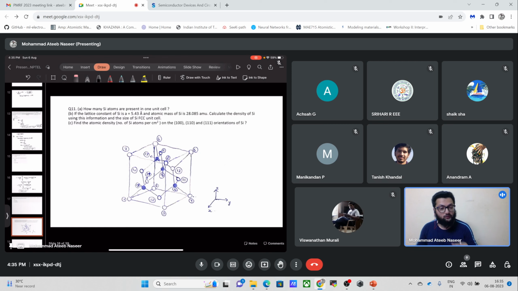And since we have another interpenetrating FCC lattice, we have a total of 8 atoms in this silicon unit cell.